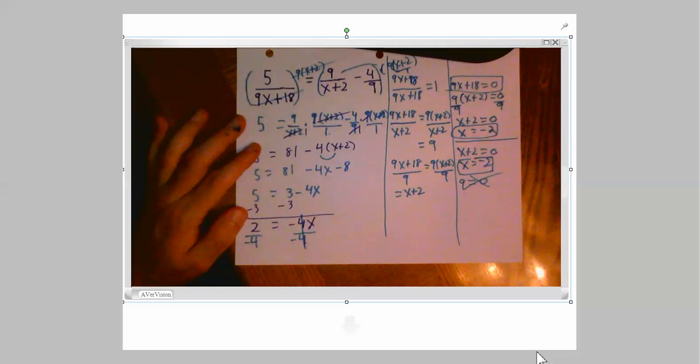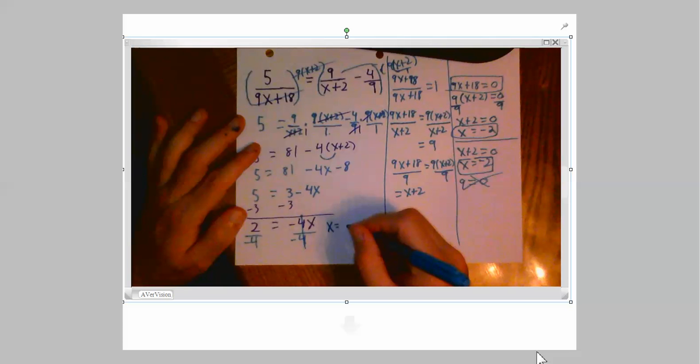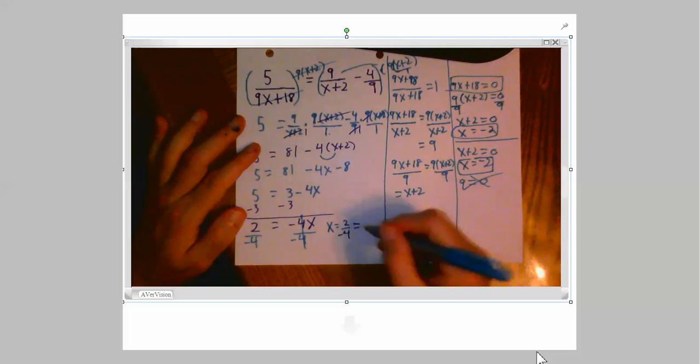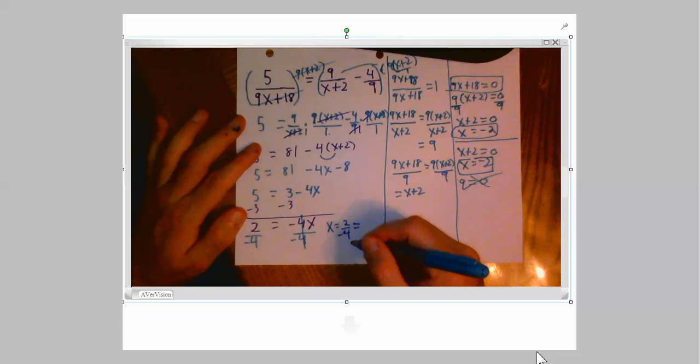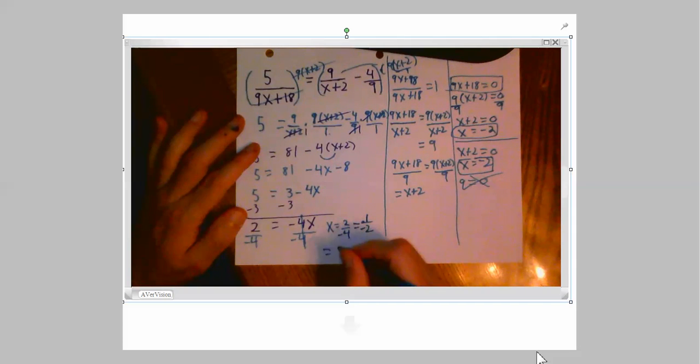So x is equal to 2 divided by negative 4. If I simplify, dividing numerator and denominator by 2, this gives me 1 all over negative 2, which is equal to negative 1 all over 2, or negative 1/2, however you want to write it. They're all the same.